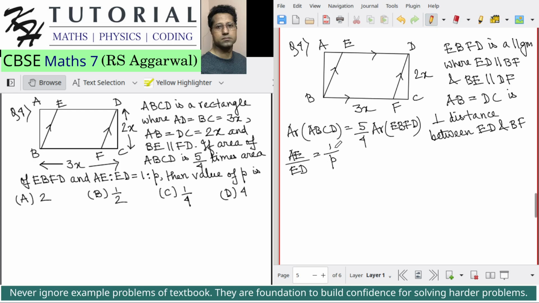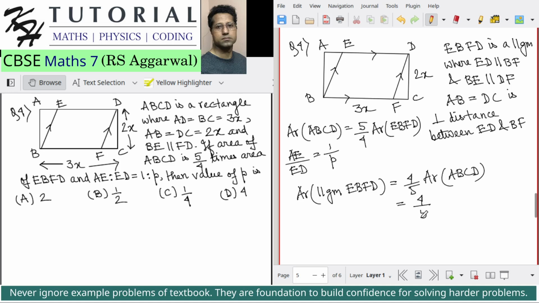Okay, so we can say that the area of parallelogram EBFD will be equal to 4 by 5 times the area of the rectangle ABCD. The length and breadth of the rectangle ABCD are given, so we can find its area.